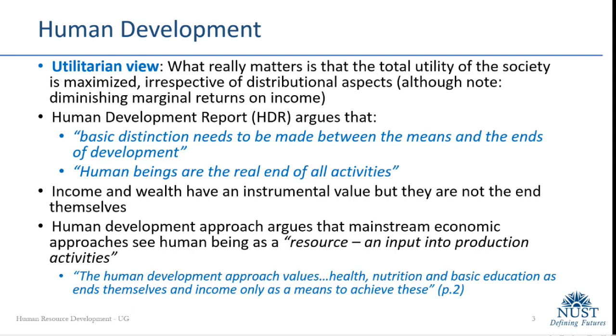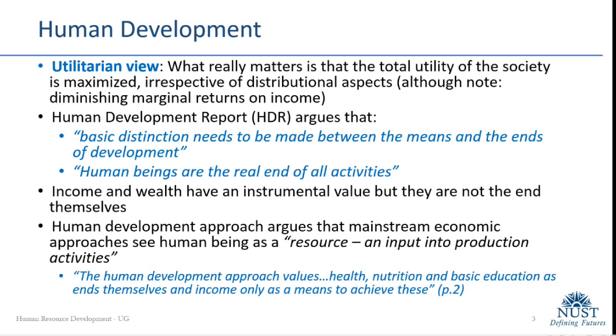Because at the end of the day, what we need is to improve the general overall quality of life, and this is why humans are the real end of all activities.